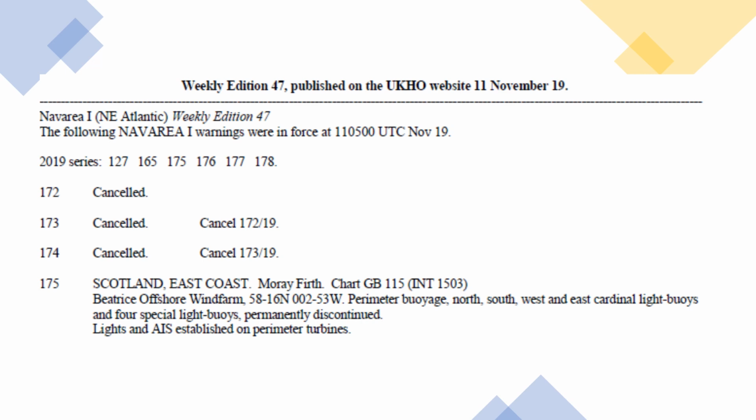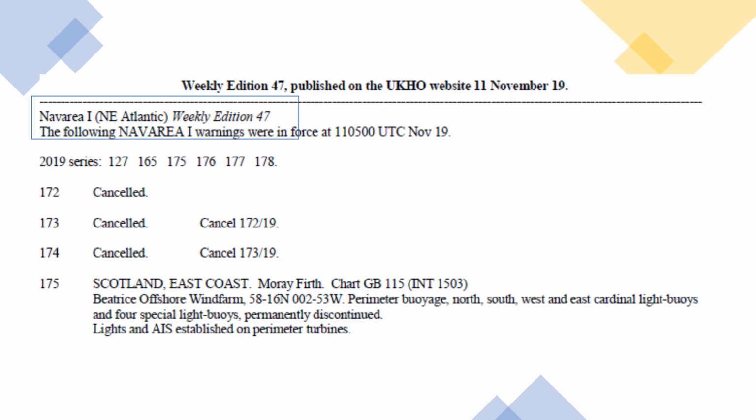So you can see this is what a correction looks like. The Admiralty Notice to Mariners will highlight the nav area. Right at the top is nav area 1, which is the Northeast Atlantic, and it tells you exactly what cancellations or corrections you have to make to the nav areas.